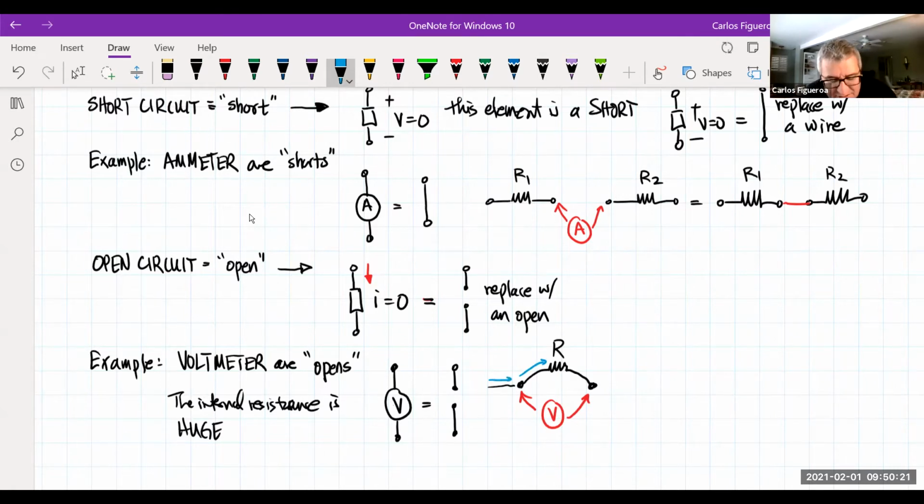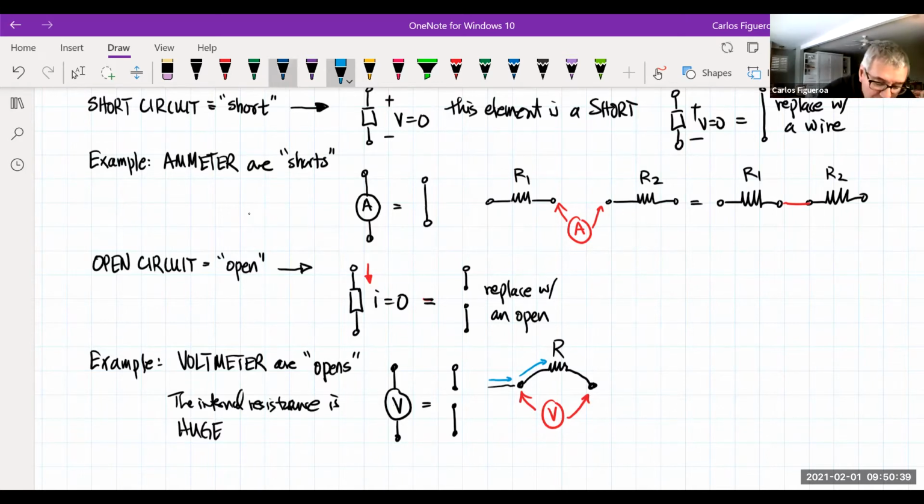But that's not exactly correct. You have to have a little bit of current running through the voltmeter in order to measure what that voltage is. That's why they're not exactly open. It's only in theory that they are open. But that's what you want to think about here.